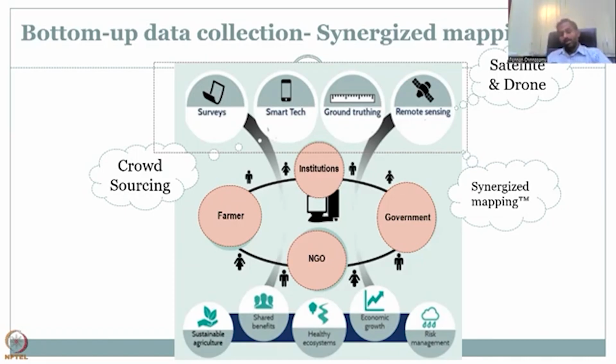So to address this, the best way is to go bottom up, where crowdsourcing is key. I've been advocating this a lot, because if you use open source software and open source instruments, you could definitely collect data at a very, very high spatial and temporal resolution in rural villages for a fraction of the cost.